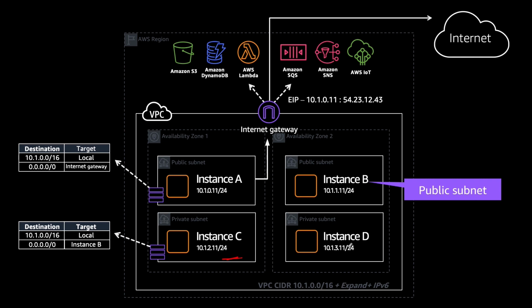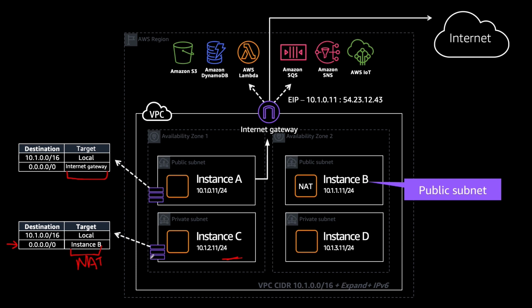So you create something called a NAT, or network address translator. You create an EC2 instance, make it a NAT instance, and add that entry into the route table. As you can see here, just like before you have the internet gateway, but now you have instance B, which is nothing but the NAT instance.